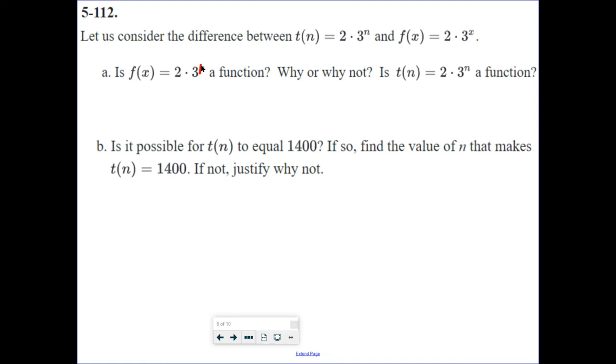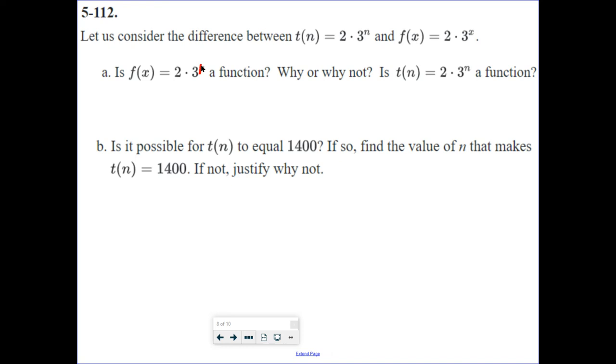If x is 1, would I get multiple answers or would I just get one answer? How about over here on T of n equals 2 times 3 to the power of n plus 1? If I type in anything for n, do I get one answer or do I get multiple answers? Okay, both of these are functions because they have a single output for each input. Write that down. Both of these should be functions because they both have just one output for every possible input.